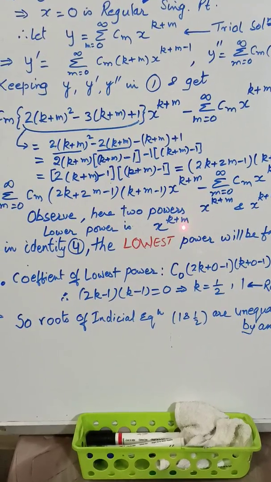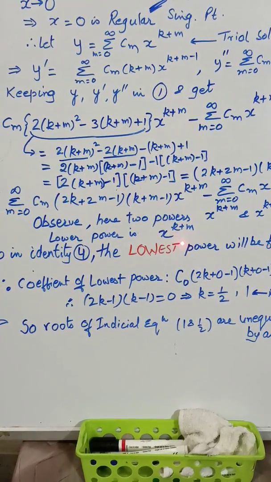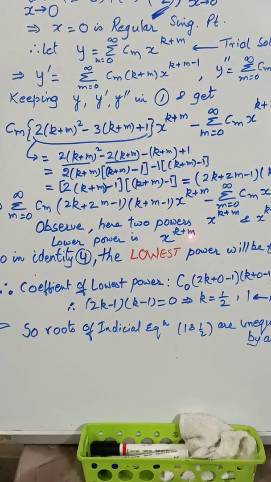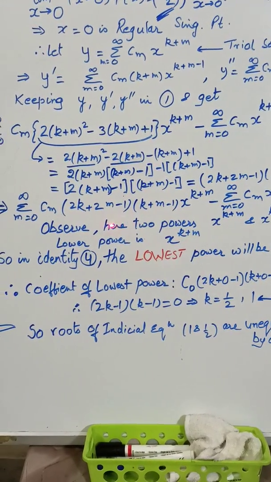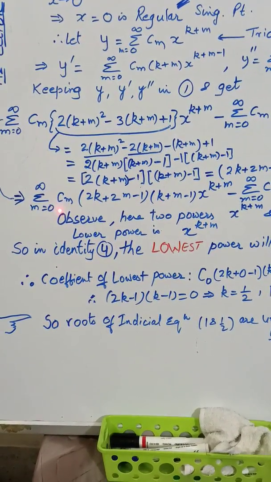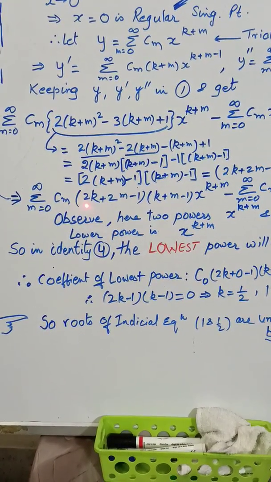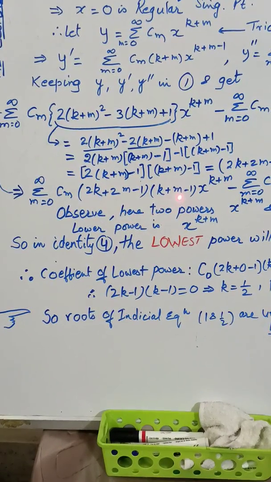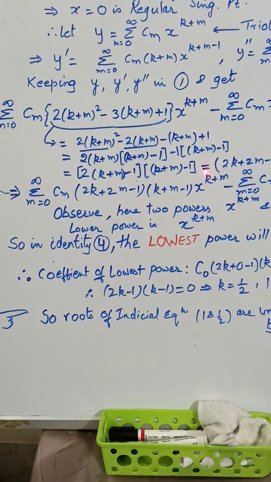Now for the indicial equation, I have to find the coefficient of the lowest power of x. So what will be the lowest? This is the lower, but the lowest will be when m is 0. So when m is 0, I will find here C0, because m is 0, then 2k + 0 - 1, then k + 0 - 1, and x^(k+0), that is x^k.